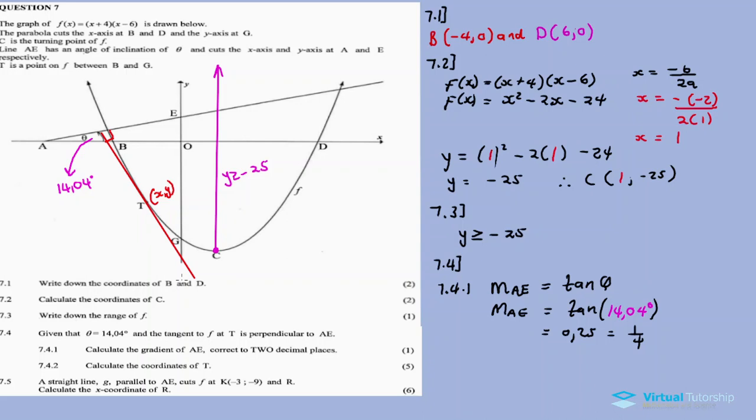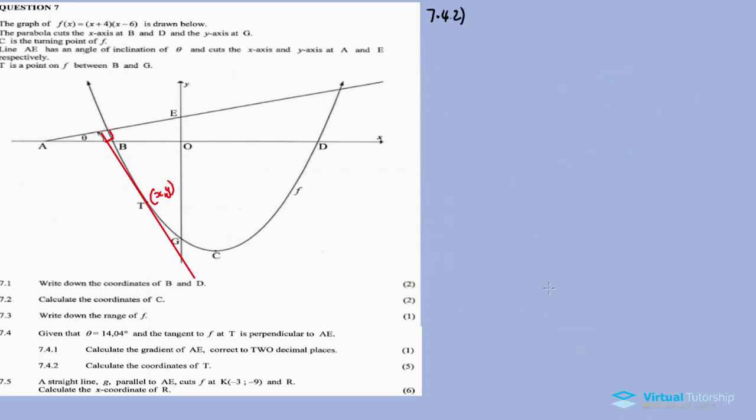Let me erase. Now, the gradient of AE times the gradient of the tangent, since they are perpendicular, is -1, and the gradient of AE is 1/4. So 1/4 times the gradient of the tangent is equal to -1. Therefore, the gradient of the tangent is -4.